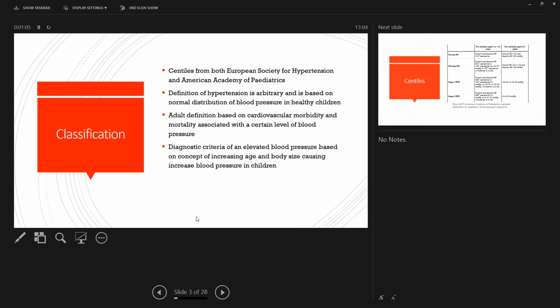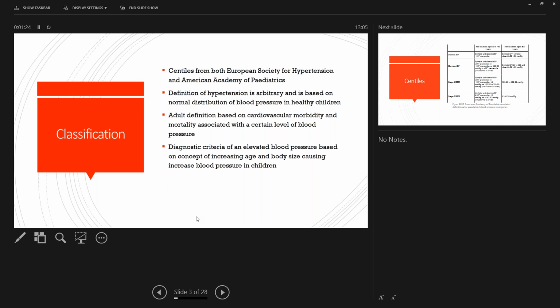So, classification of blood pressure. The main ones that you will find used in paediatric practice are the European Society for Hypertension Guidelines and the American Academy of Paediatric Guidelines. So, definition of hypertension in children is quite arbitrary.